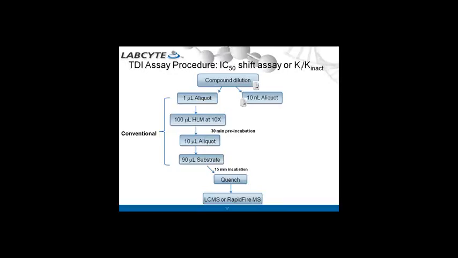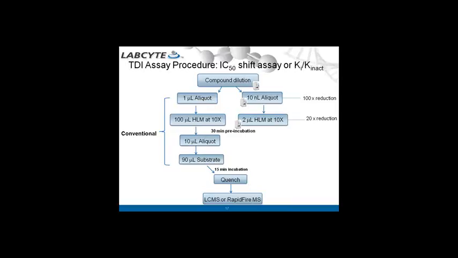So a 10 nanoliter aliquot is taken from a compound stock and added to 2 microliters of enzyme. For compound, you're saving a 100-fold reduction. For enzyme, there's a 20-fold reduction in using the miniaturized assay format.